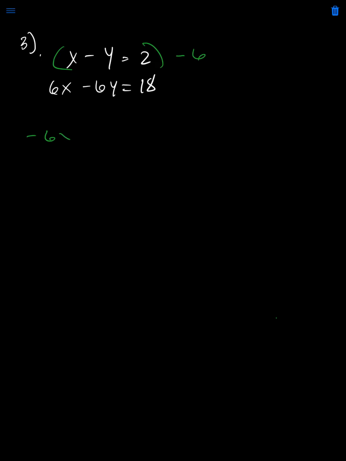So multiply everything here by negative 6, and you're going to see why I do it that way. When I do that, I get negative 6x plus 6y equals negative 2. And the one on the white, I left the way it was, 6x minus 6y equals 18.